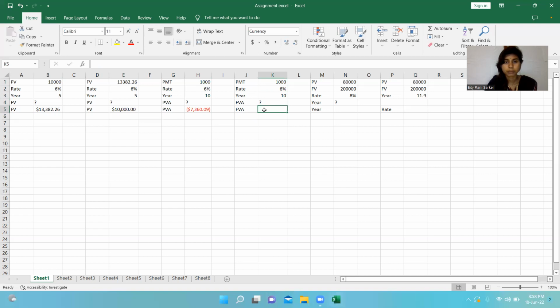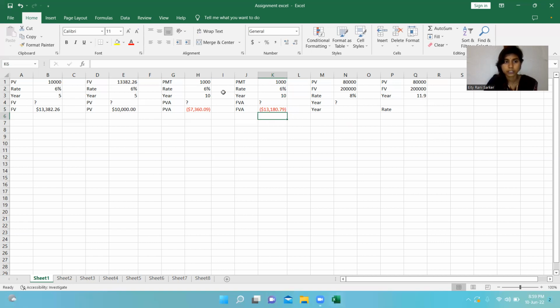To calculate the future value of annuity, write the equal sign, FV, starting bracket, then rate, select the rate, comma, NPER, select the year, then PMT is 1000, so select the PMT, then PV is not here, so type 0 and press enter key, and we get our answer.